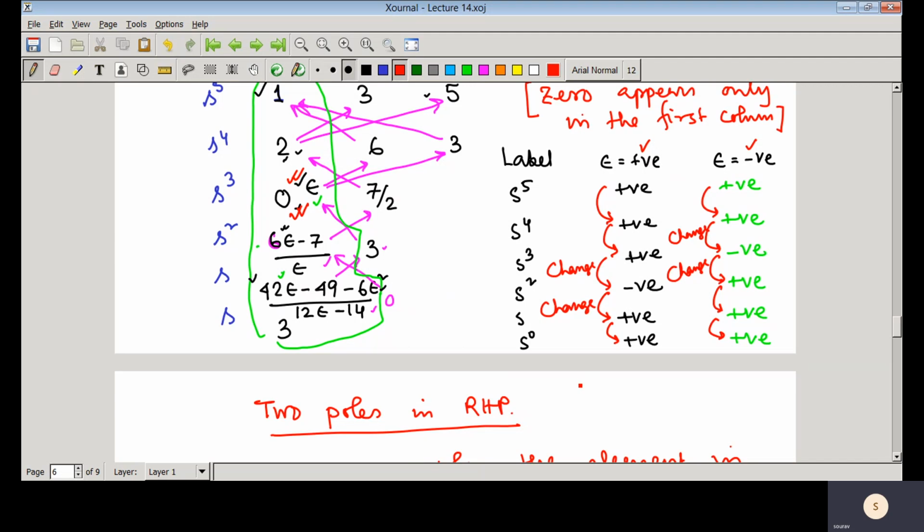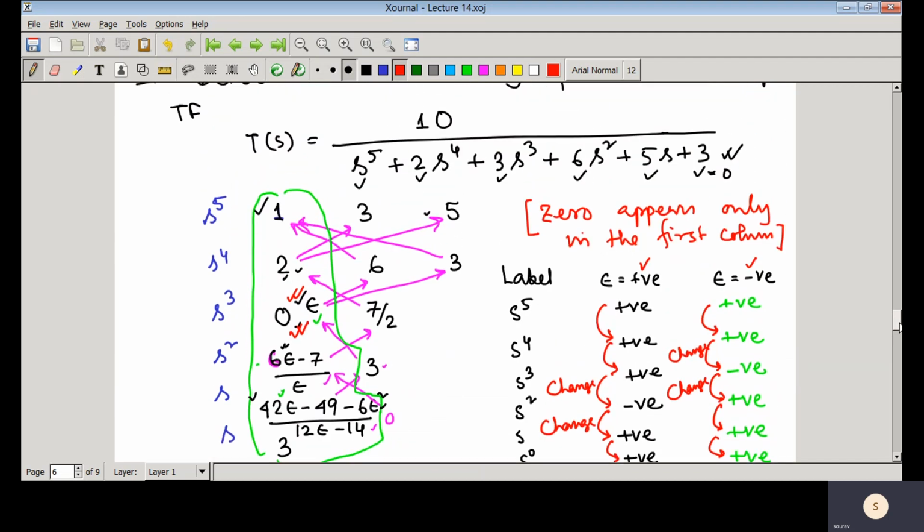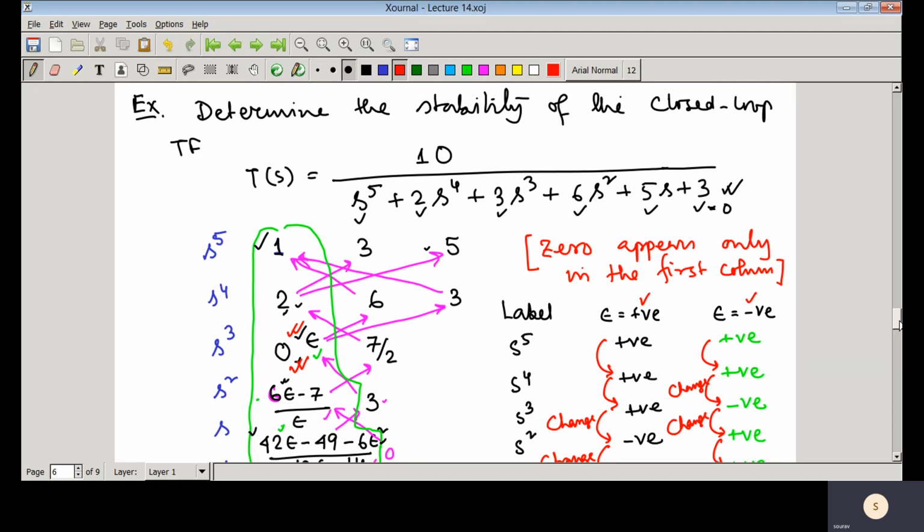Particularly whenever the polynomial has all complex poles, purely imaginary poles, in that case this epsilon method may fail. So in some examples it fails, and in that case we use the reverse order method.